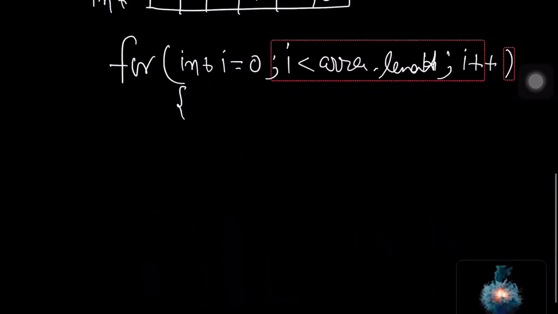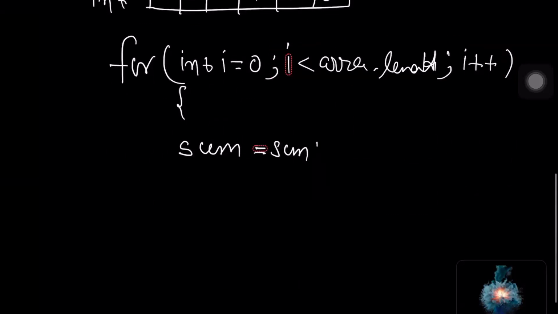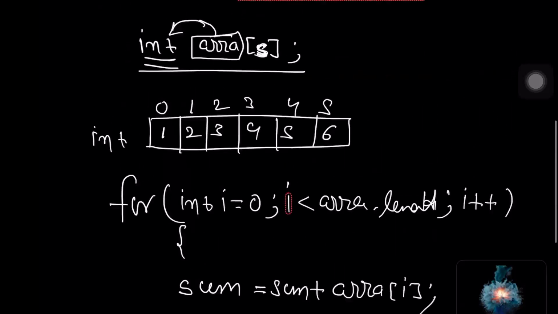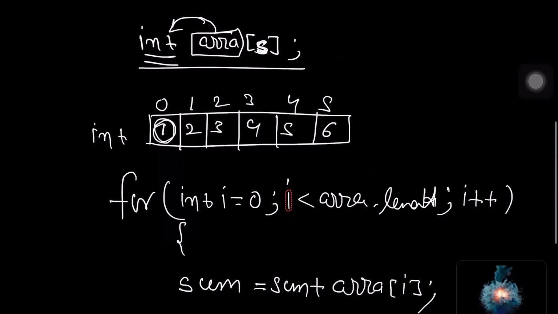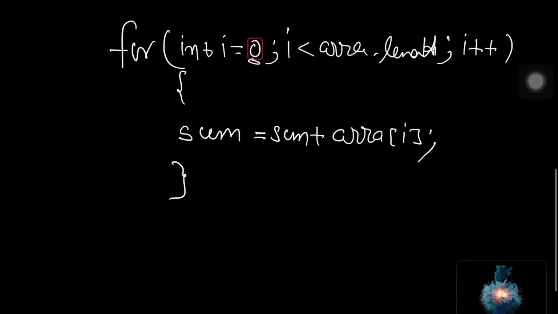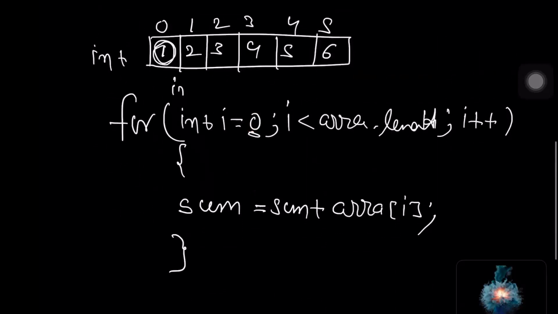And what I will do is sum equal to sum plus arr of i. To access this value, we need an index. So what is the index right now? 0. So we will see that. Okay. I'm just explaining why we need an array.